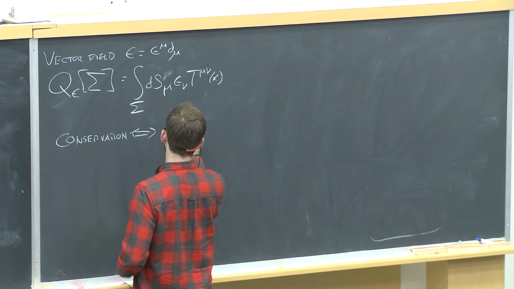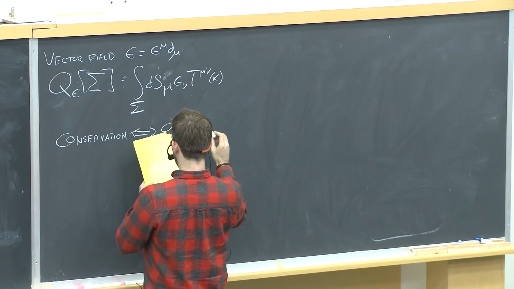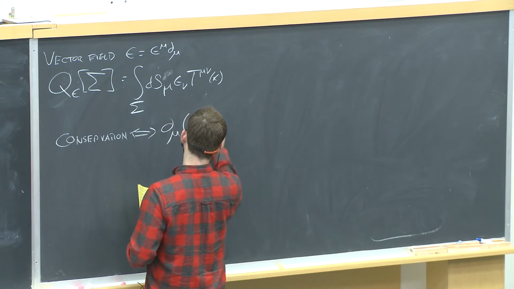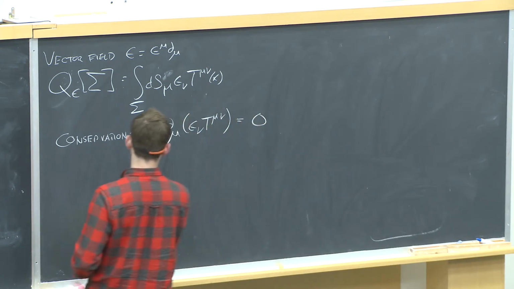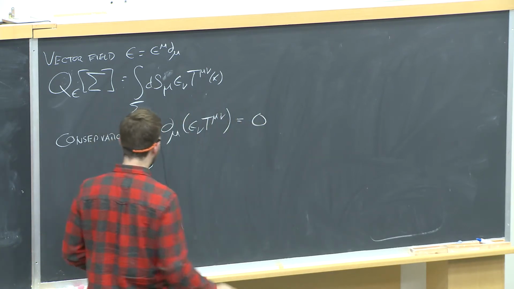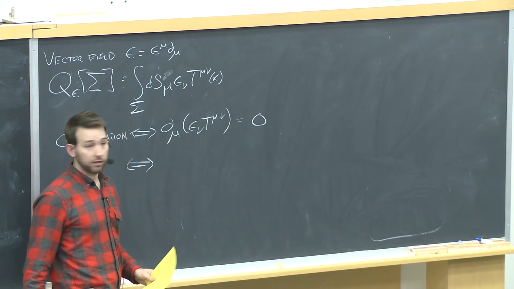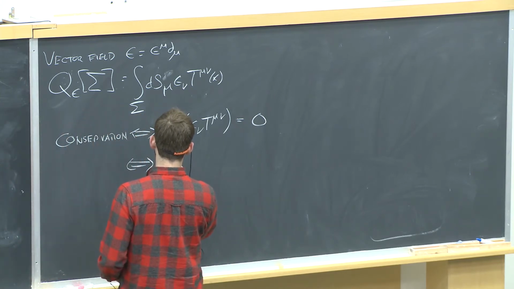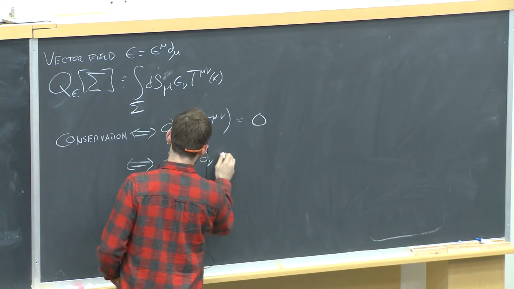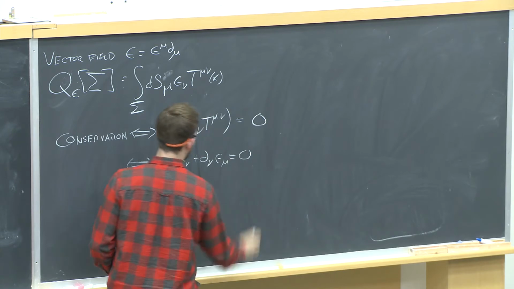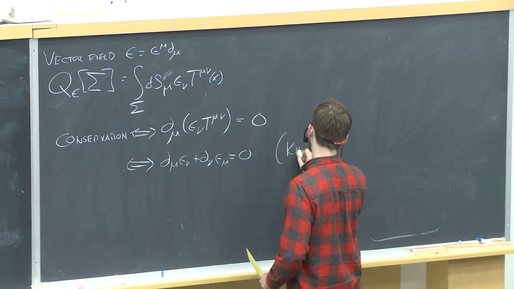If the thing I get when I use Stokes' theorem is 0, but T mu nu is symmetric and conserved, so this is true if and only if this equation holds, and this is the Killing equation.